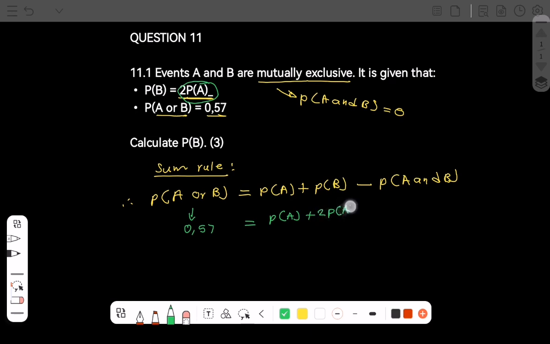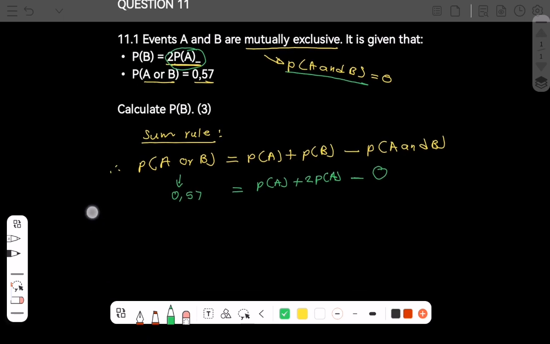2P(A) minus, remember that I explained to you, guys, when you see the statement mutually exclusive, that simply means that the probability of A and B is equal to 0. So we don't have to stress here, because the probability of A and B is equal to 0. You can just omit it.